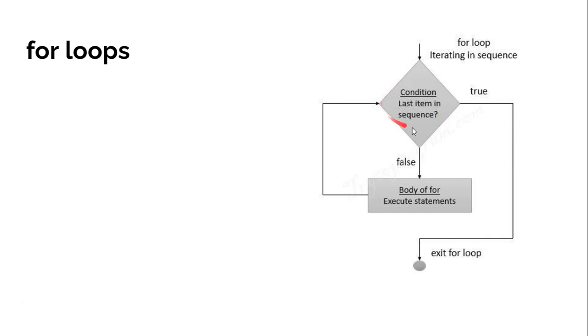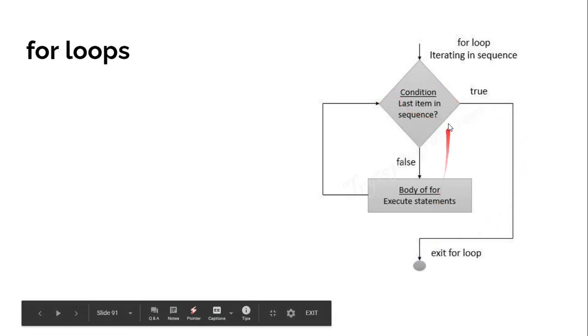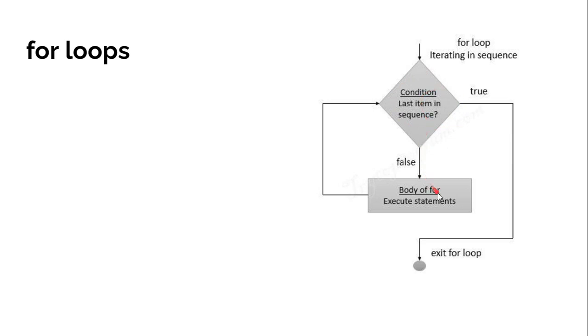Here the condition will be whether the last item is reached or not. If the last item is reached, then we exit from the loop. If the last item is not reached, then we continue the loop.